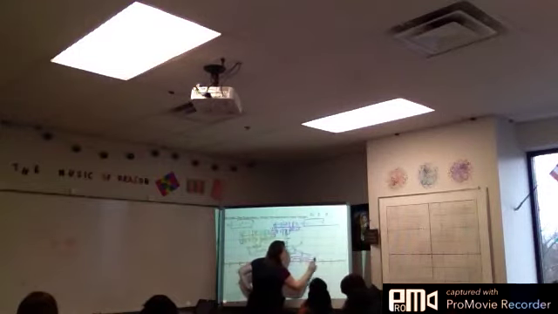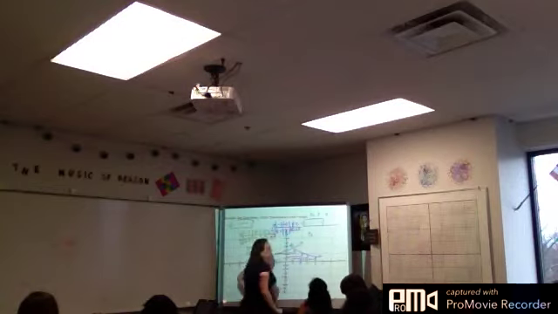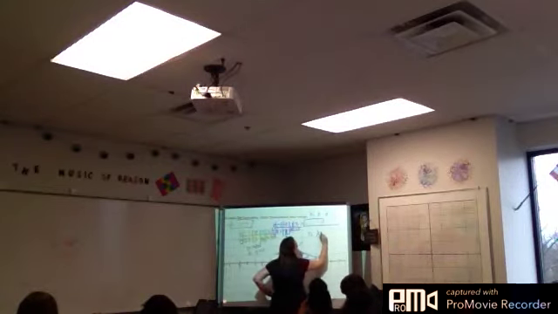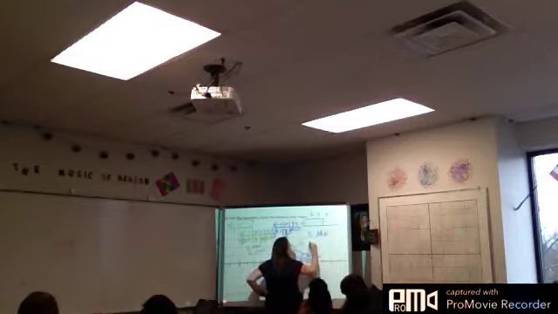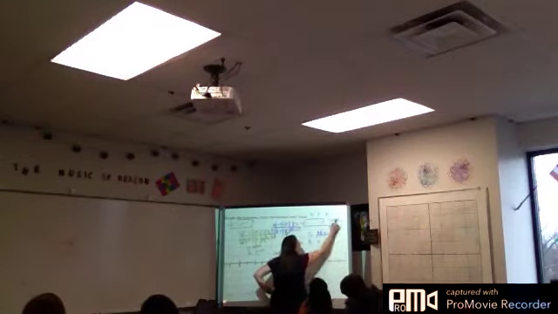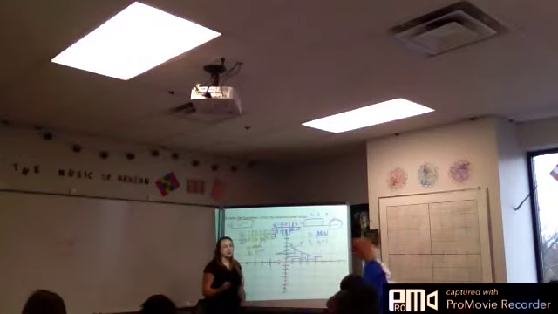Here's my graph. Now, what is my domain? All the numbers. And what is my range? Y is greater than what? 1. My range always comes from the K. I cannot stress that enough.